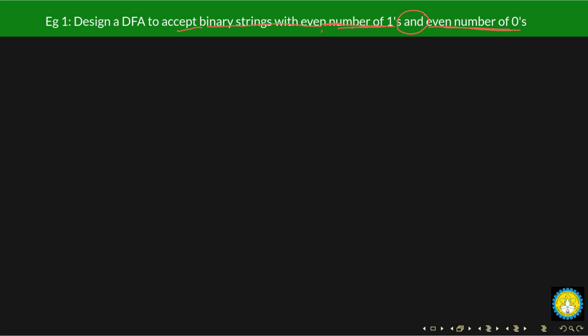So let's say I'm calling this language 1, L1, and this language 2, L2. So language 1 is nothing but the binary strings with even number of ones. So let me write it here: with even number of ones.